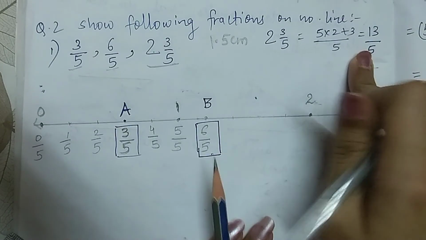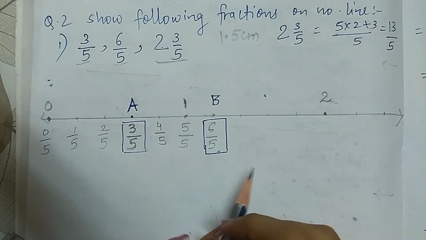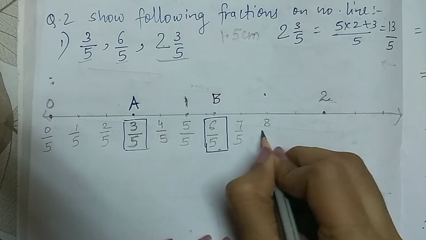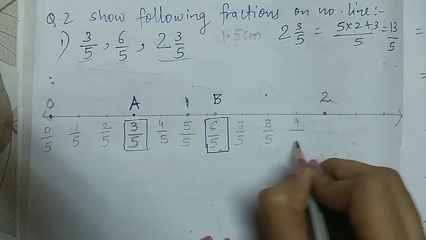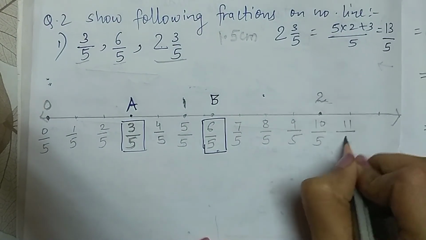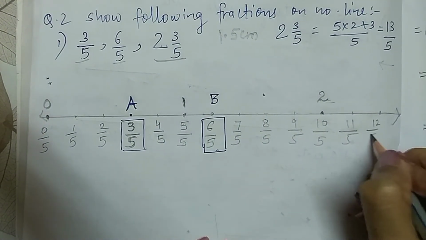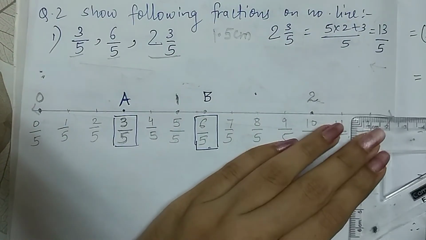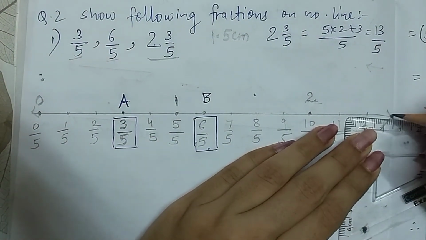Let us check. 6, 7, 8 by 5, 9 by 5, 10 by 5, 11 by 5, 12 by 5.